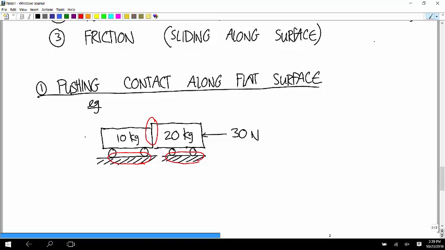Yes. So what is the chosen object? We haven't chosen anything yet. But what we're going to do when we do start calculating is I'll do it choosing the 10 kilogram and do some calculations, and then I'll do it separately choosing the other one. I think first I'll do it with the chosen object being both of them together. Then I'll do one, then I'll do the other one.